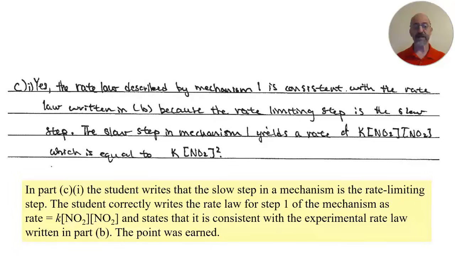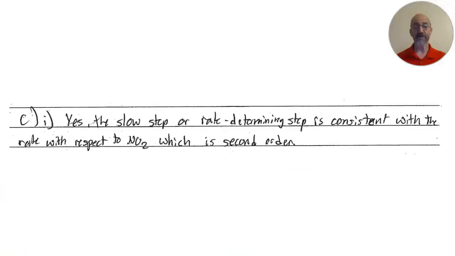In Part CI, the student writes that the slow step in a mechanism is the rate limiting step. The student correctly writes the rate law for step 1 of the mechanism as rate equals rate constant K times NO2 squared, and states that it is consistent with the experimental rate law written in Part B, and the point was earned. Now let's take a look at another student response that did not earn the point.